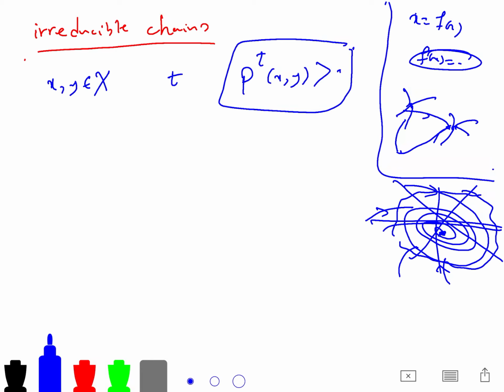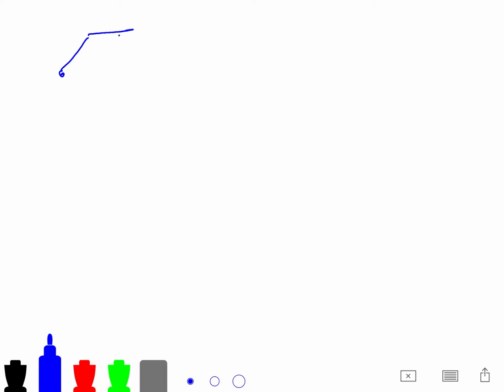And let's talk about random walks on graphs. As you know, this is, for example, the n-cycle. You go this way, clockwise, with probability half. You go anti-clockwise with probability half.